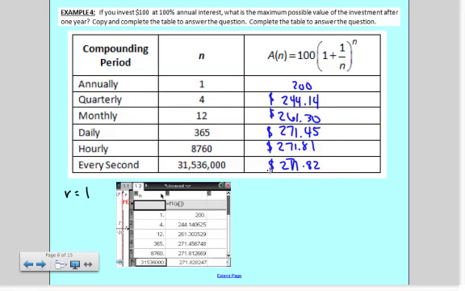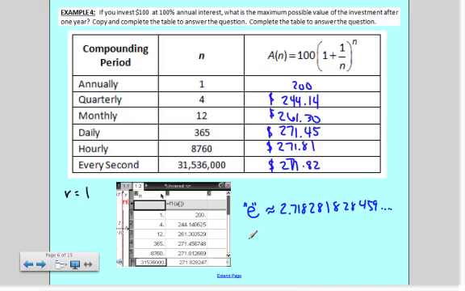What's kind of cool is that if you let n get big, this quantity here, now we have multiplied by 100, so if we just took our initial investment of $1, this would actually get very close to this number we like to call e. e is named in honor of a famous mathematician whose last name was Euler, E-U-L-E-R. And the number e is something that shows up in so many different mathematical applications. Just like pi is 3.14159, and so on, the symbol pi represents that number. The symbol e represents that number.